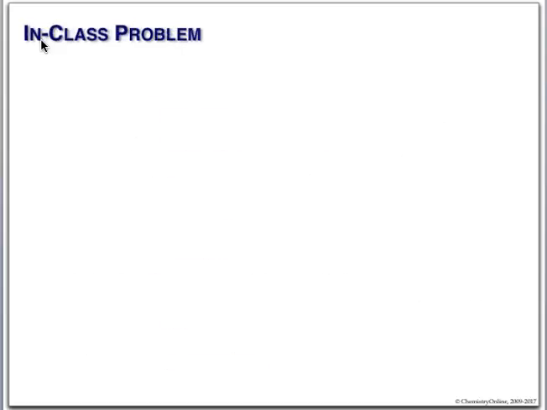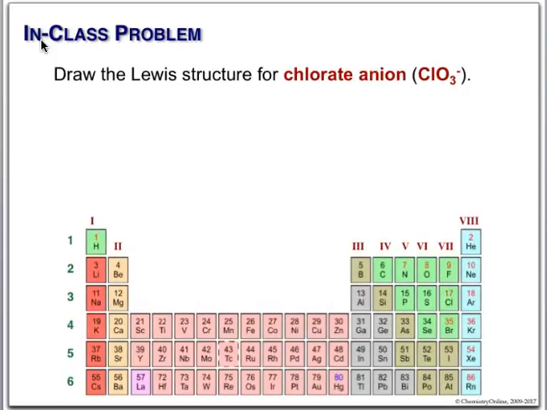All right, let's look at where these things come from. Let's do this by making a Lewis structure for the chlorate anion. Now we remember chlorate, it's ATE, this is our parent, isn't it? It has a -1 charge. So let's go ahead and build this thing using a Lewis structure.